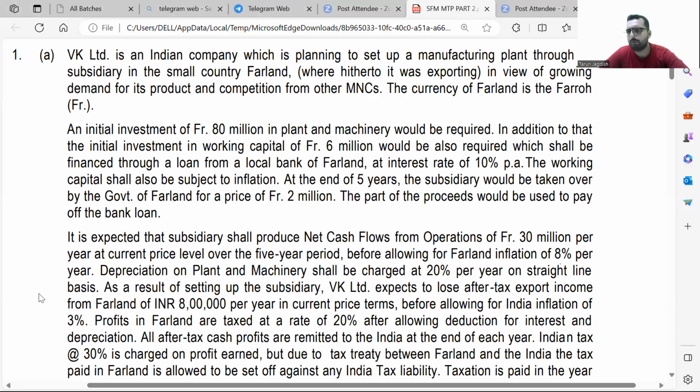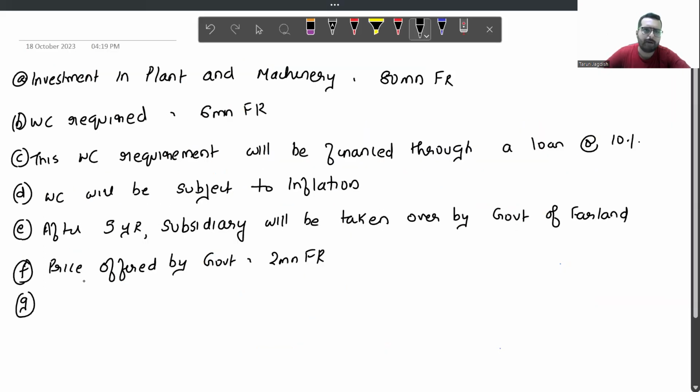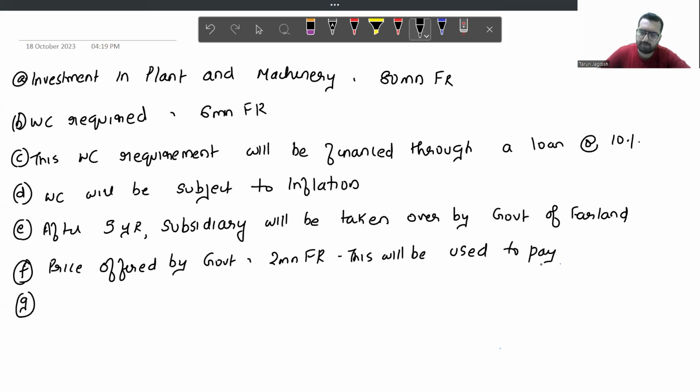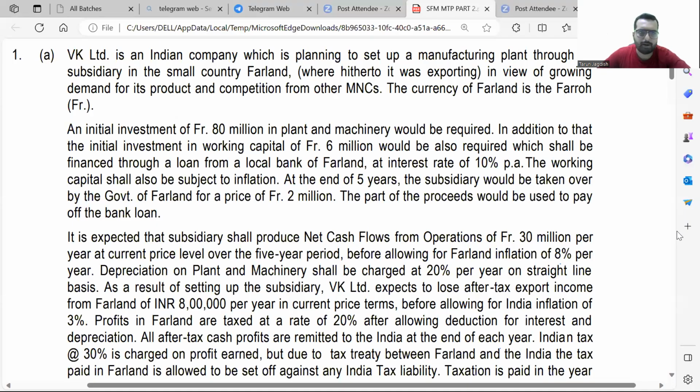Next part. They have told that part of the proceeds would be used to pay off the bank loan. This will be used to pay the bank loan, not fully but partly. All right.